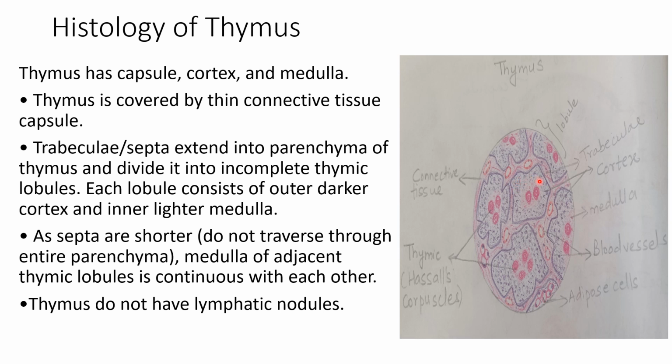So the outer darkly stained area is the cortex, and the inner lightly stained area is the medulla, and the medulla of different lobules continue with each other. And again, the point to remember is that thymus does not have lymphatic follicles or lymphatic nodules in it. They are made up of lobules which have cortex and medulla, and there are no lymphatic follicles or lymphatic nodules in them.